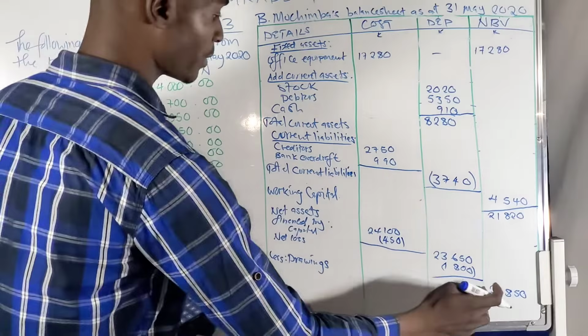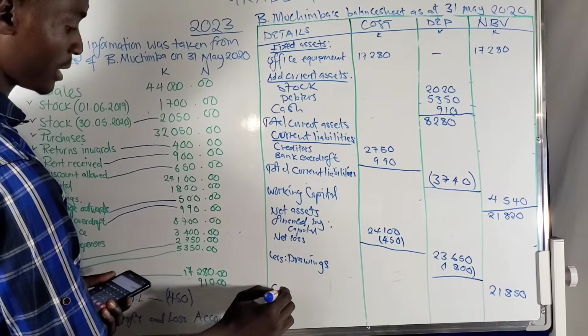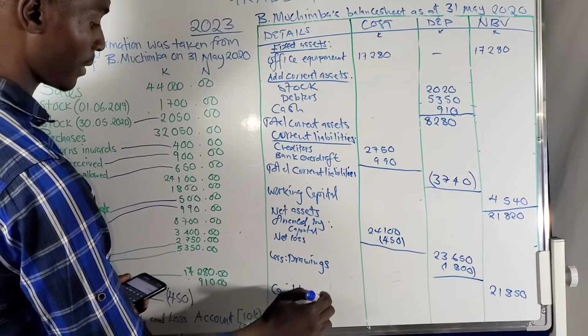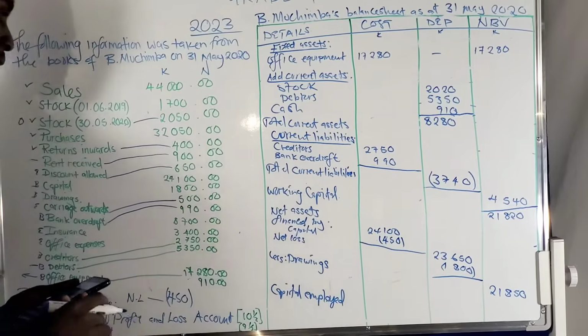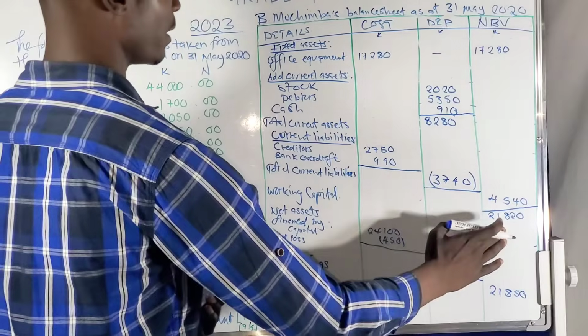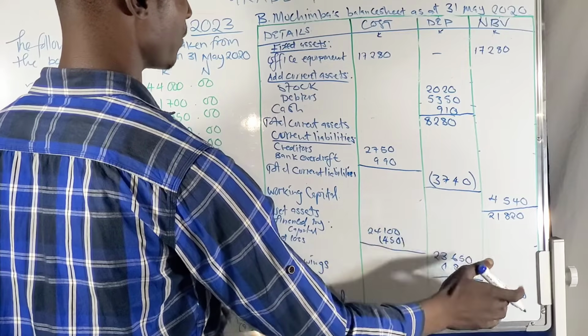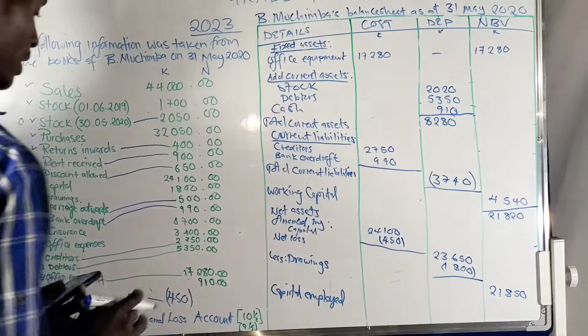So these two amounts, this is called working capital employed. So I'm going to say capital employed. Okay, so now these two have to be the same. If they are different, it means that there is somewhere where you've made a mistake. So you double check.